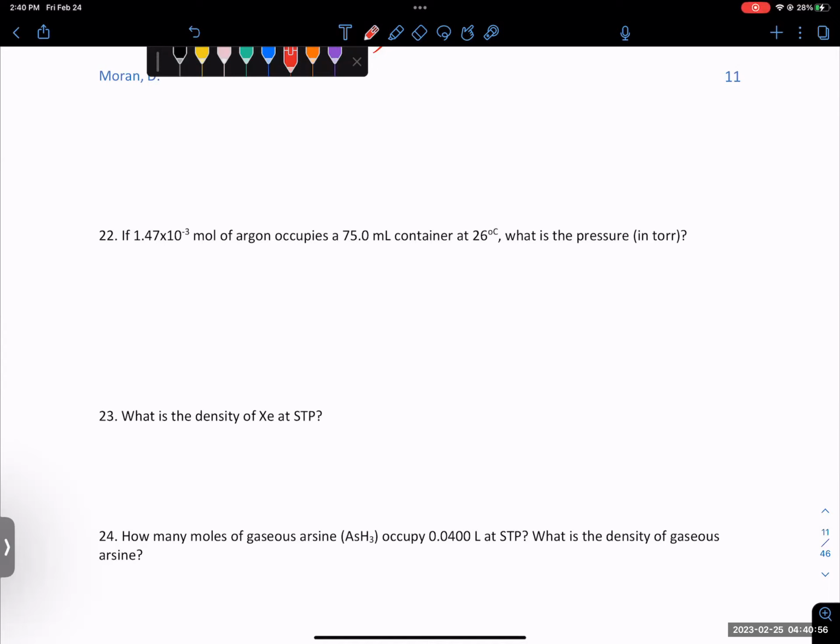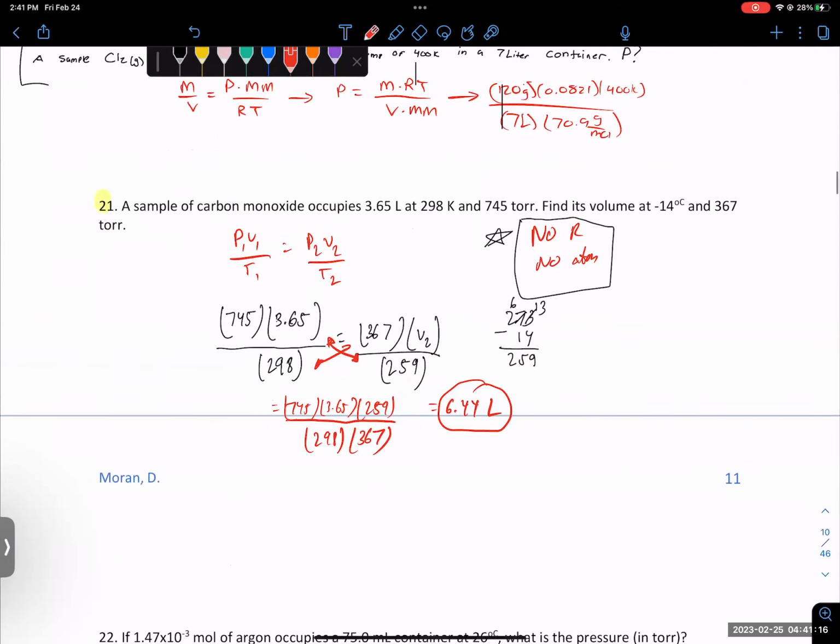All right, so was there another way I could have done this problem? The combined gas law is the easiest way, but there's actually another way, in case you didn't see that from the get-go. So you have a pressure, a volume, and a temperature, right? Those are the only things that are changing.